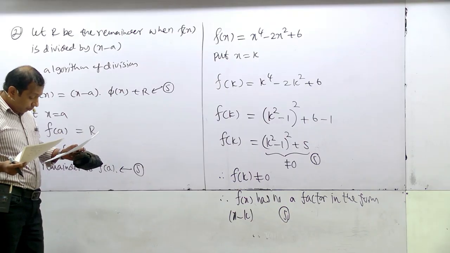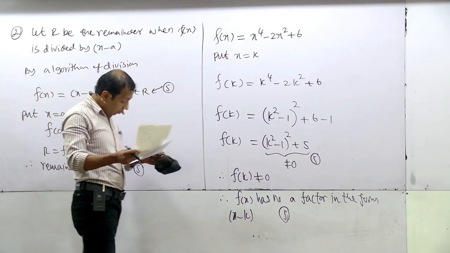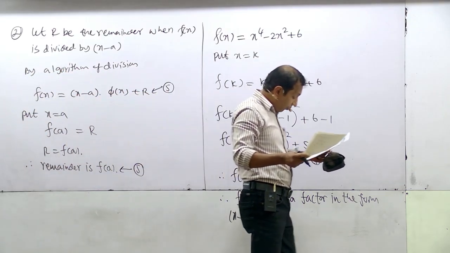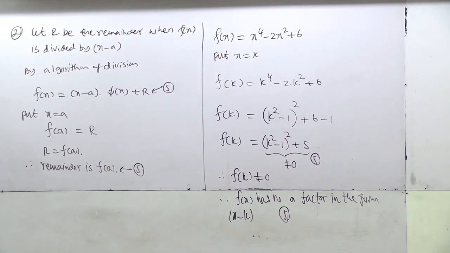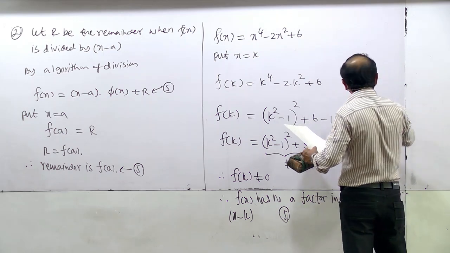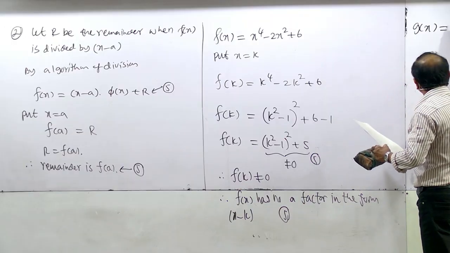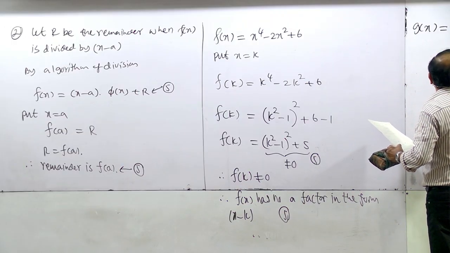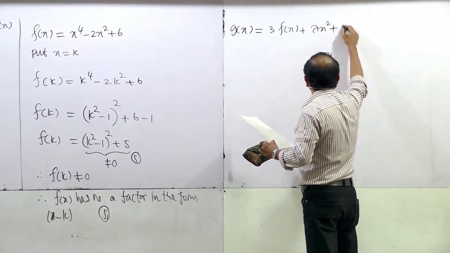What is next? Given g(x) equals 3f(x) plus lambda x squared plus mu x. If x minus 1 and x minus 2 are factors of g(x), find the values of constants lambda and mu. Hence, factorize g(x). Define g(x) this way: g(x) equals 3f(x) plus lambda x squared plus mu x.